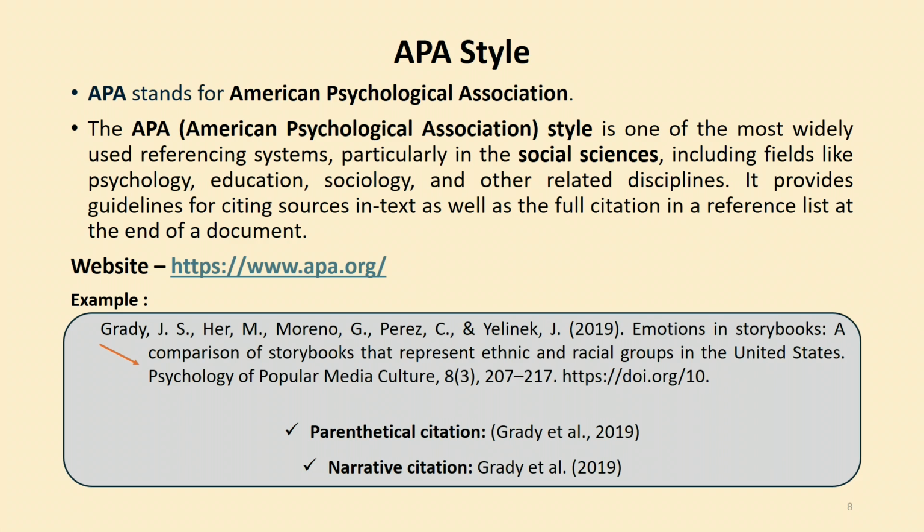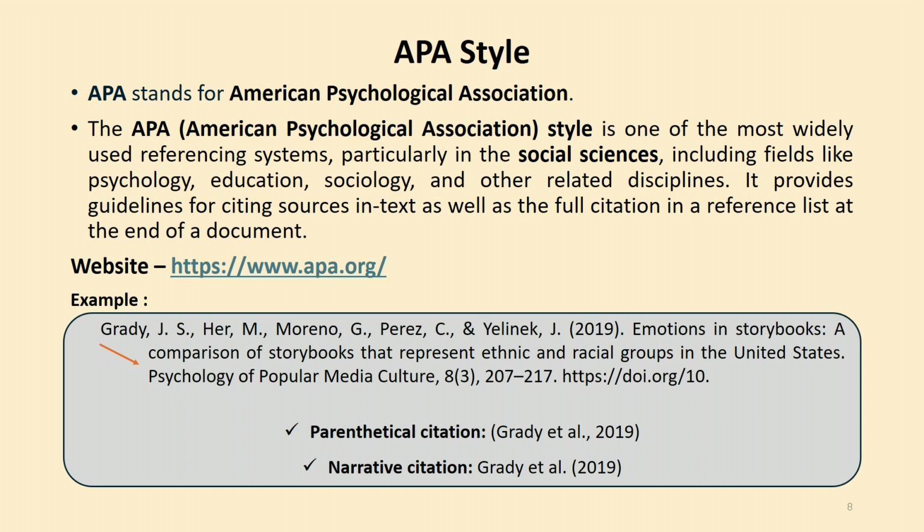And let us discuss a very small example that you can see on the screen, that first, second, third, fourth author, how they have been written: Grady, J. S., M. Moreno, G. And similarly you can see the year is mentioned in brackets, 2019, and then the topic of the research: emotions in storybooks, a comparison of storybooks that represent ethnic and racial groups in the United States.